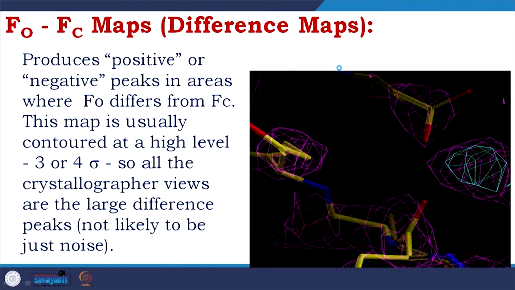F0 minus FC map, I used to talk about F0, but it is FO FC, produces positive or negative peaks in areas where FO differs from FC. This map is usually contoured at a high level. You get the contoured level by looking at the sigma value. So, all the crystallographers view the large difference peaks, not likely to be just noise. So, if you do in that way, you could see the actual electron density map and not the noise.